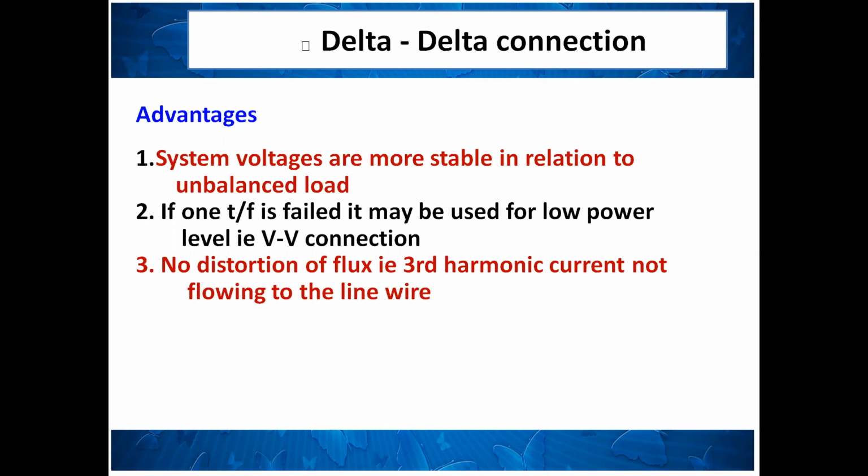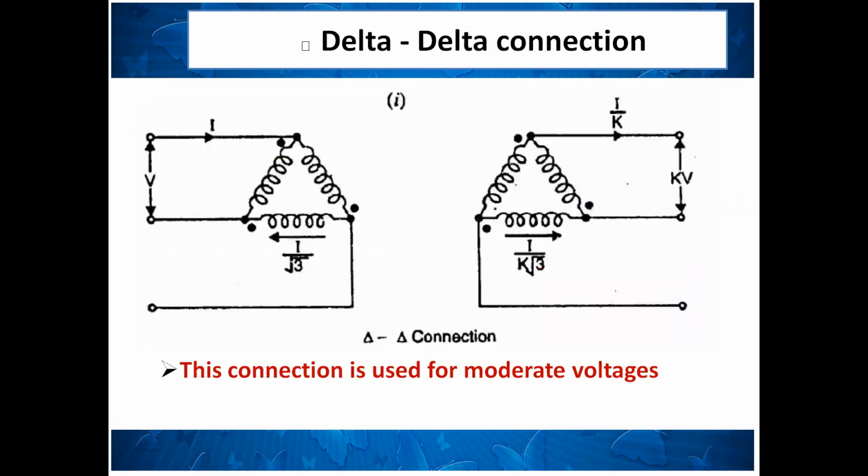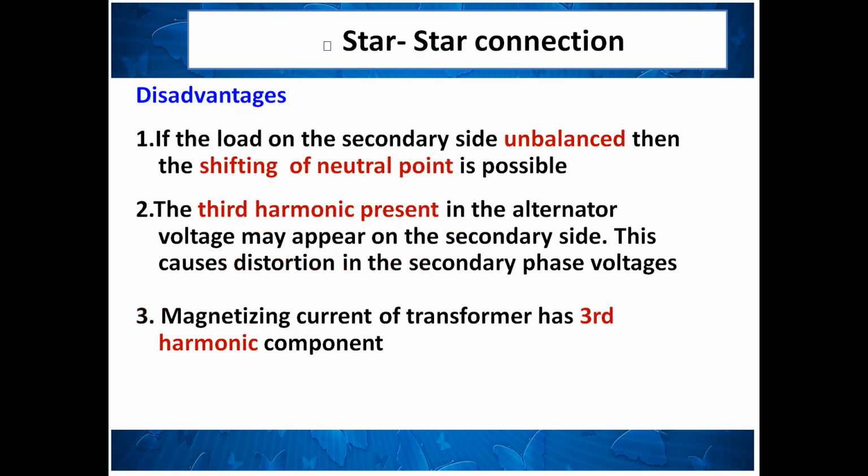Then in delta, the third harmonic component is eliminated naturally. But in star, there is a disadvantage: it is not suitable for unbalanced load. If there is unbalanced load, a neutral leakage current is there.